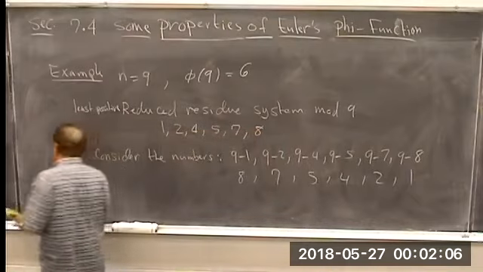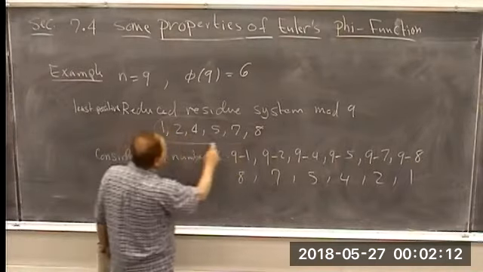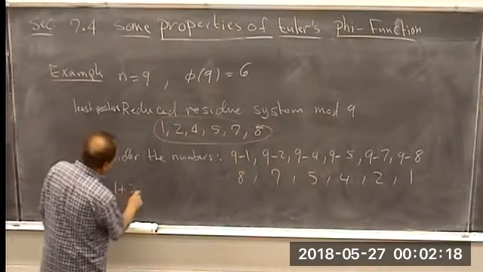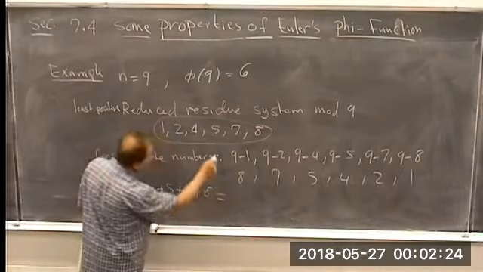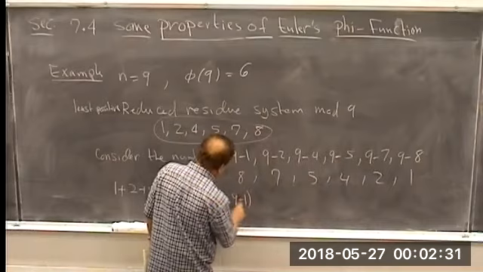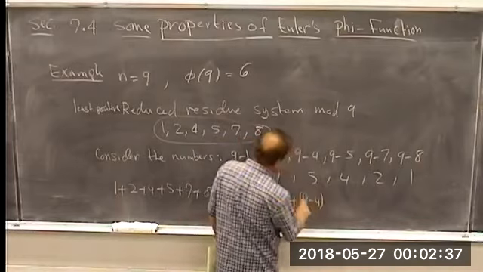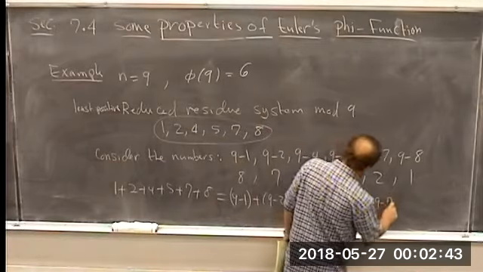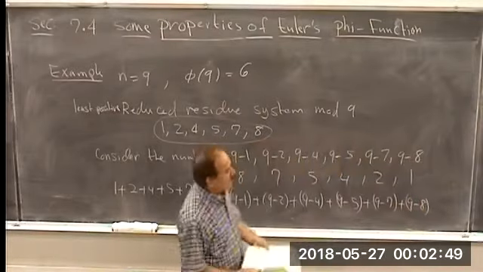Now, if I add the original numbers in the reduced residue system, 1 plus 2 plus 4 plus 5 plus 7 plus 8, we get the same thing as adding 9 minus 1 plus 9 minus 2 plus 9 minus 4 plus 9 minus 5, 9 minus 7, and 9 minus 8, because they are the same numbers, just written in one order.